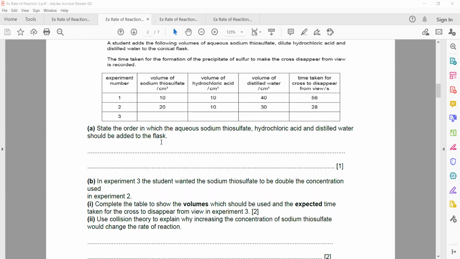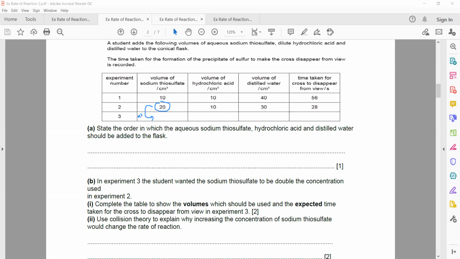In experiment 3, the student wanted the sodium thiosulfate to be double the concentration used in experiment 2. So what is double of 20? Double of 20 is 40.